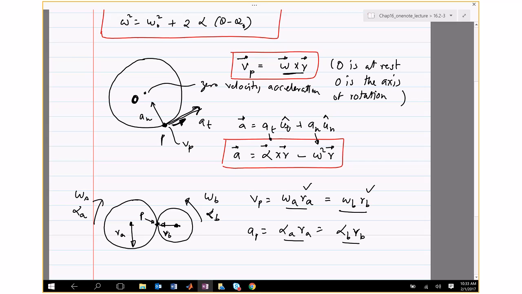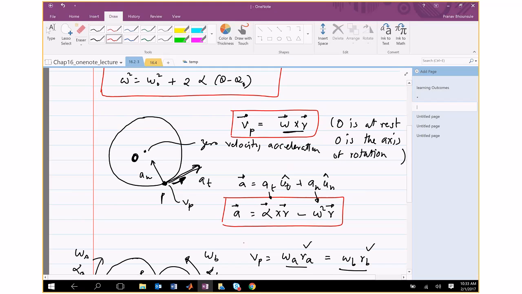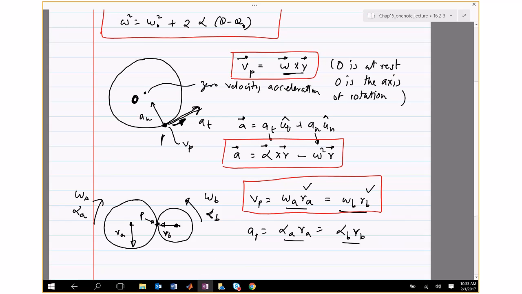So again, if I know RA and RB, I can find alpha A as a function of alpha B. Okay, is that clear? Okay, let's solve a question.